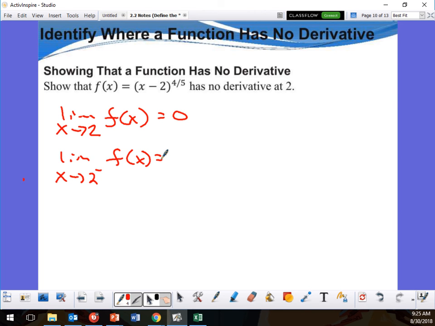Smaller numbers than 2, like 1.9. So 1.9 minus 2 would give me negative 0.1, because it's less. So it'd be like negative 0.1 to the 4/5, right?